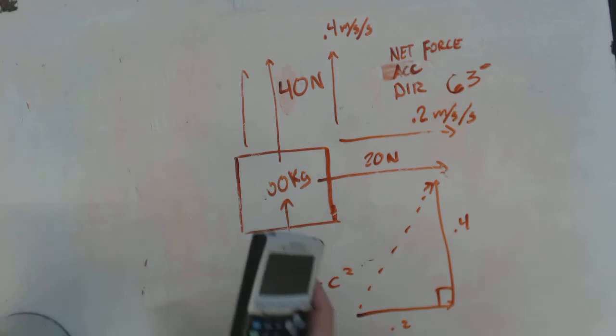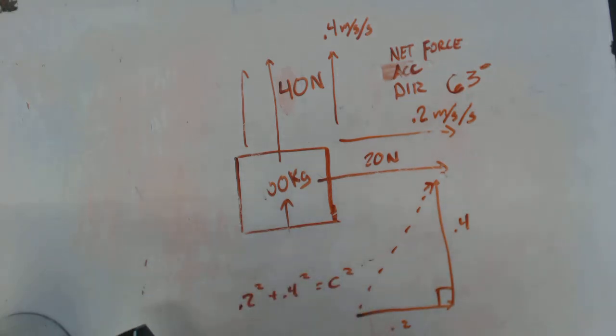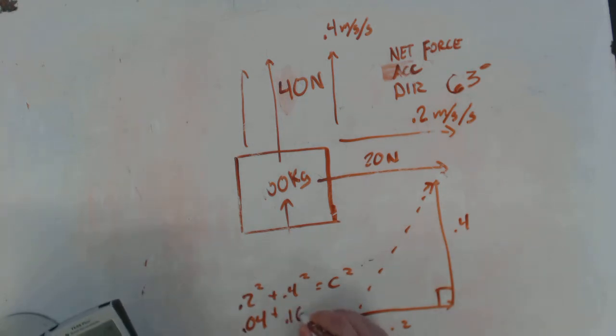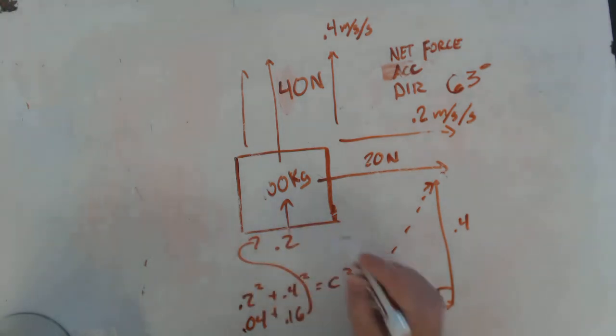Going back to my calculator, so 0.2 times 0.2 equals 0.04. And 0.4 times 0.4, let me guess, is going to be equal to 0.16. Okay, add them together. So 0.04 plus 0.16 is going to give me 0.2.